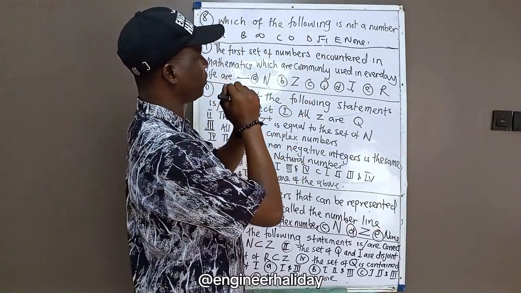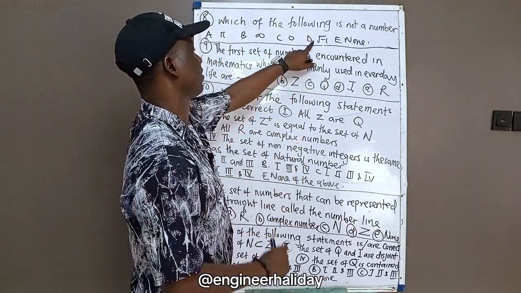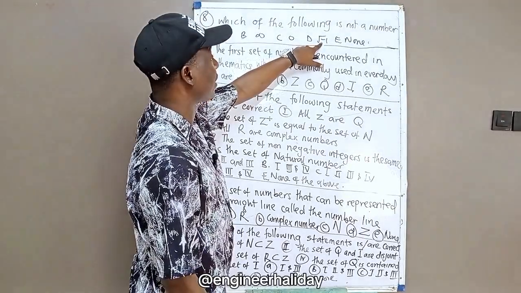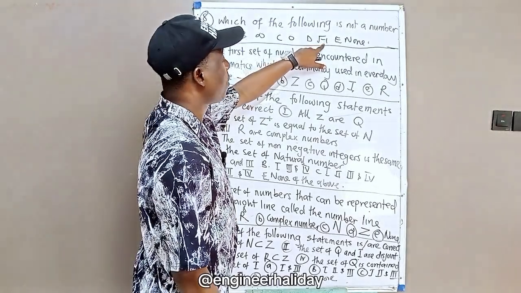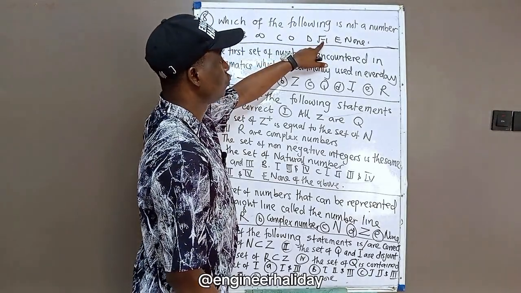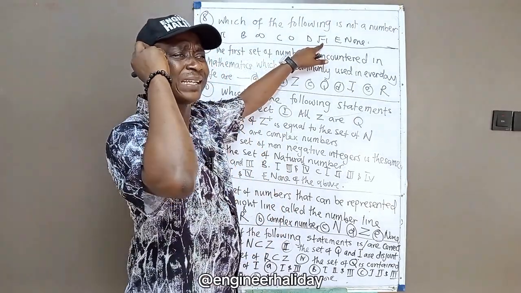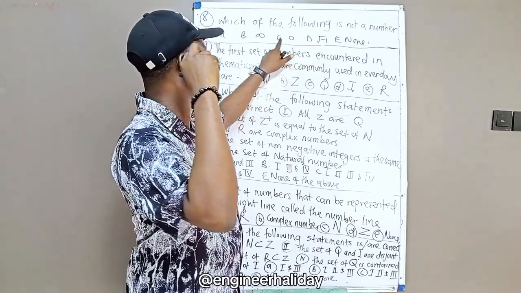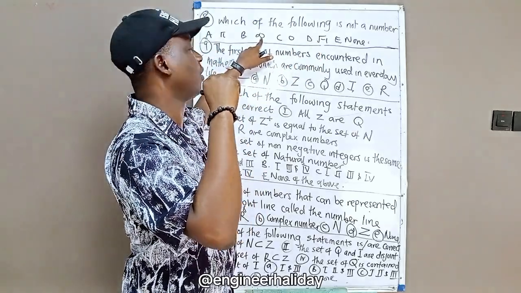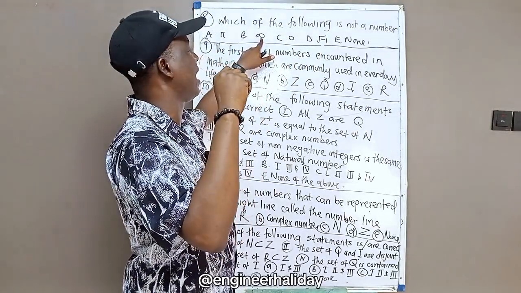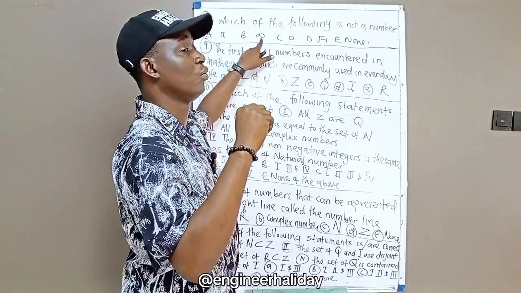Now, because I saw something, I want to explain the two before I give you an answer. This is a complex number, and when we say a complex number, we talk about an imaginary number. This one can be as a result of, maybe, when you divide a number by 0.